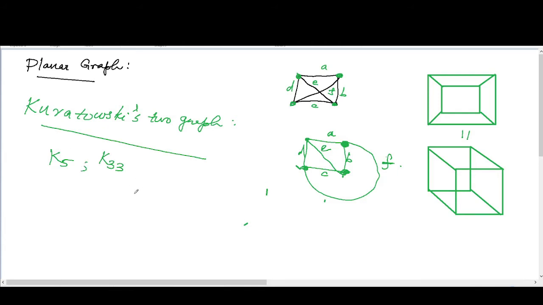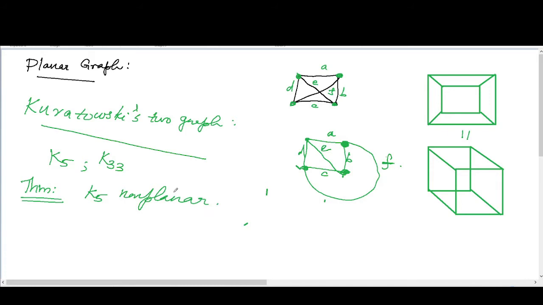Both are non-planar graphs. Let us write the statement of Kuratowski's theorem. There are two theorems. The first one: the complete graph of 5 vertices is non-planar. That means K5 is non-planar. That is the first theorem.